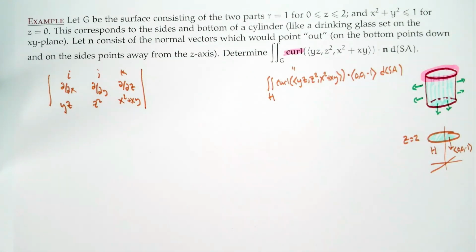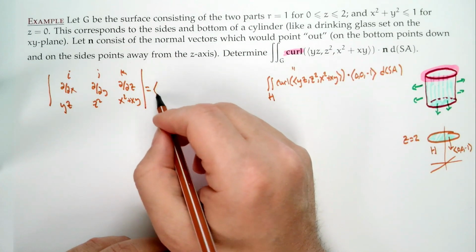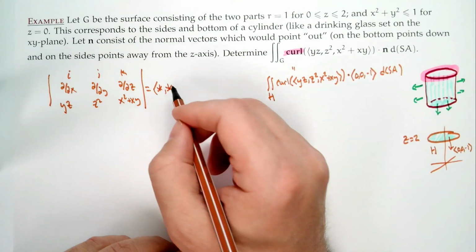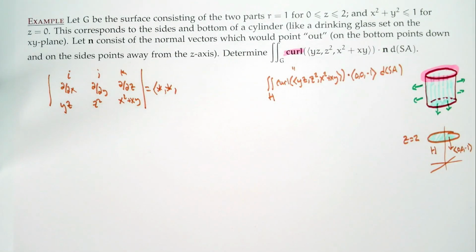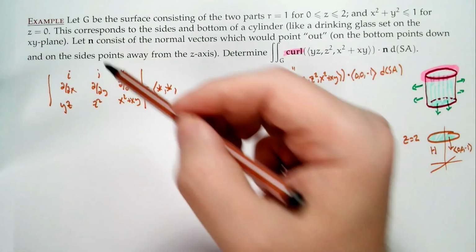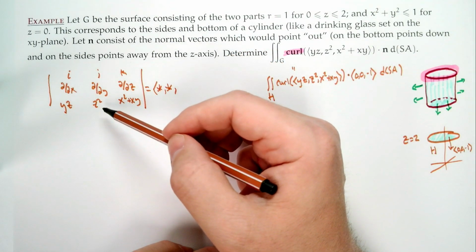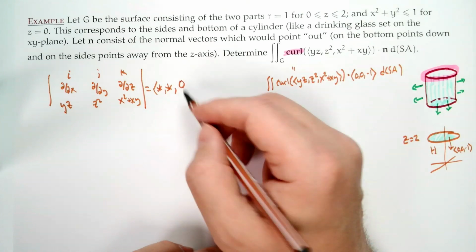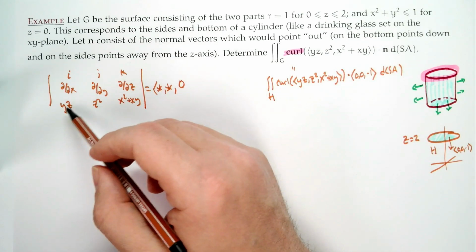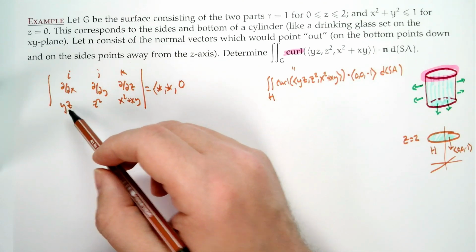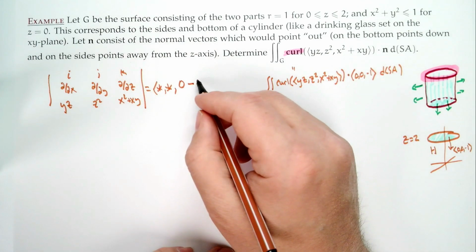Okay, so there's our setup, and we're going to end up with something, because those aren't going to matter. Now we come to the last part. Okay, so here we go for k. Partial partial x of z squared, nothing, 0. Then we're going to subtract, going this way, partial partial y of yz. So subtract, and here, take that derivative, we're going to get z.